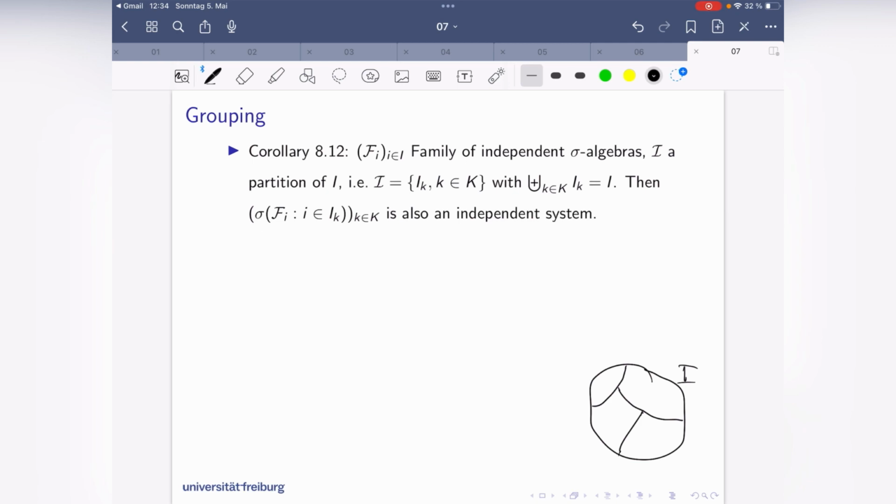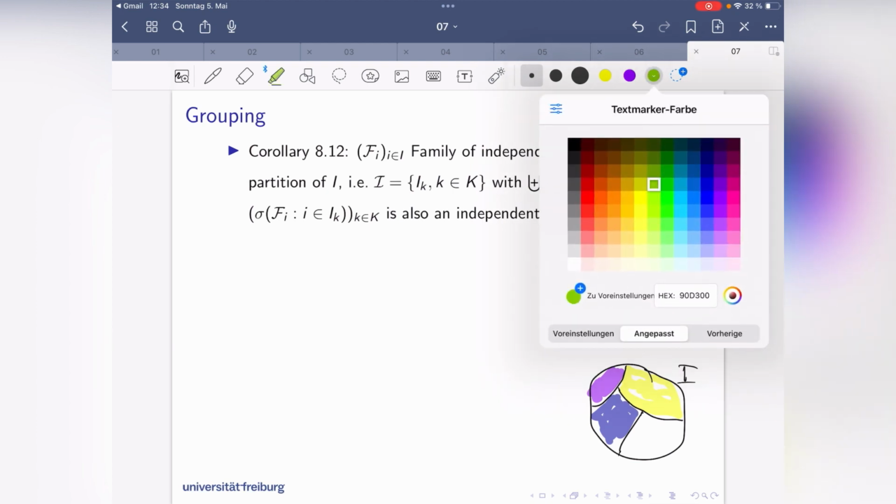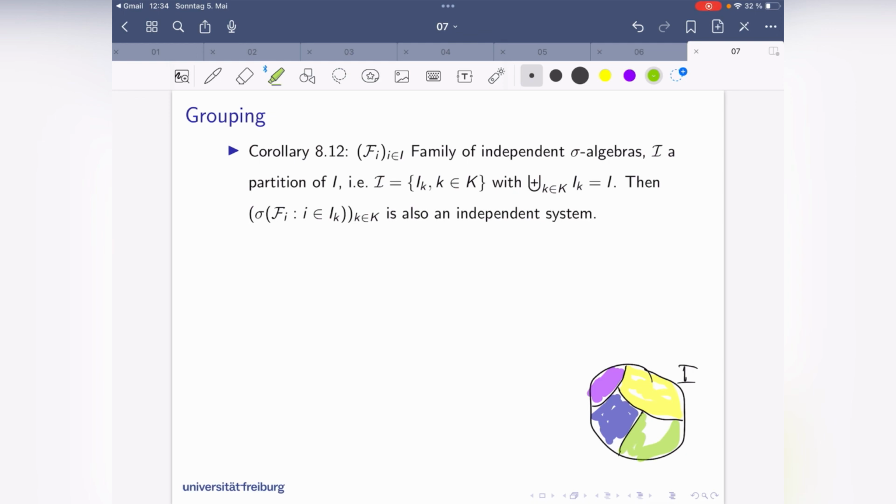When I only use, for example, the yellow color, purple, bluish, so all of these here, and maybe some green thing here, then I have a family of only 4 things, but they should still also be independent. So the yellow from the rest and so on.